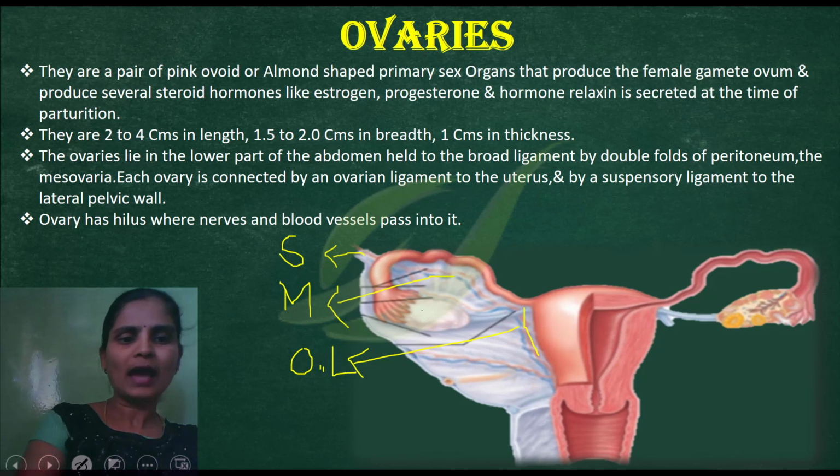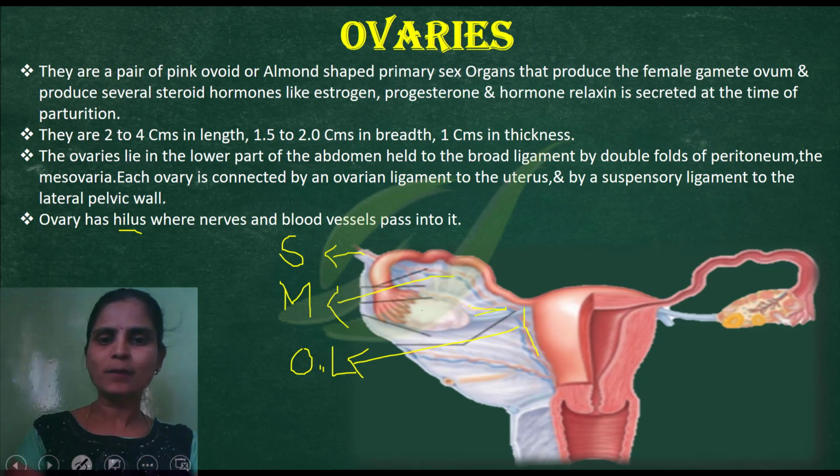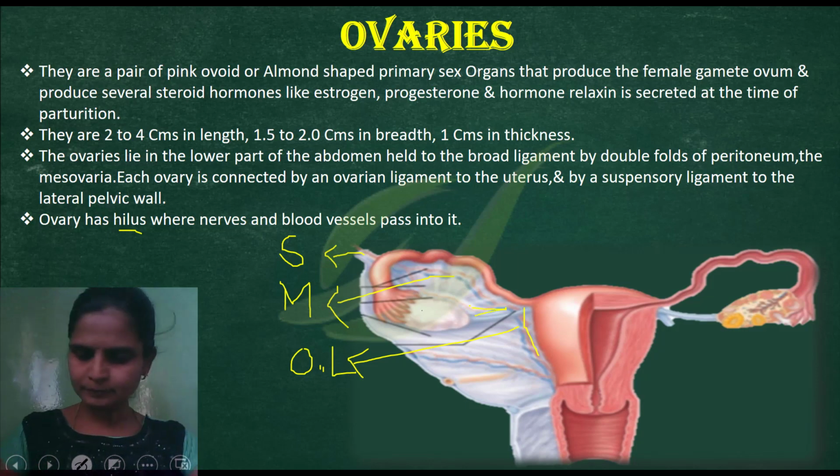The ovary has a hilus. At this region, the nerves and blood vessels pass into it.